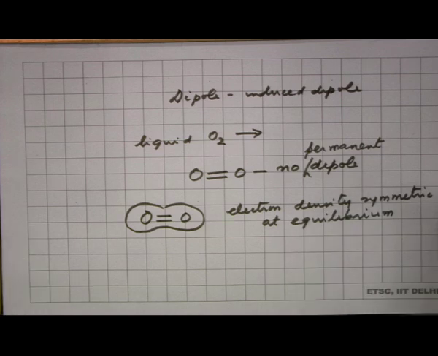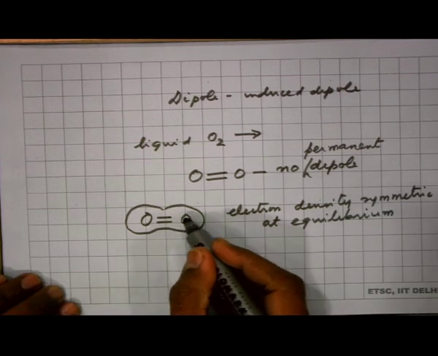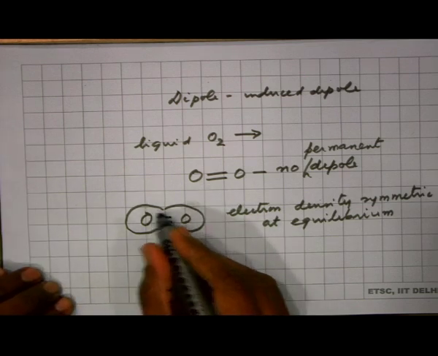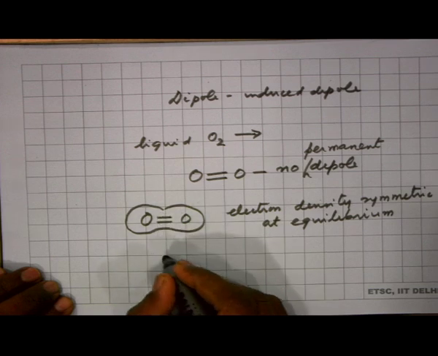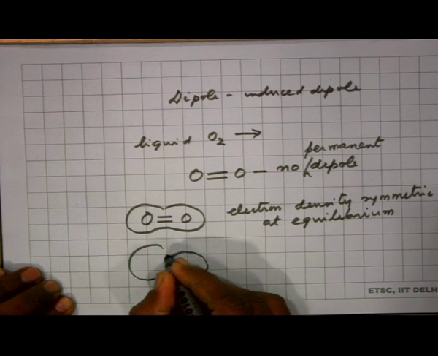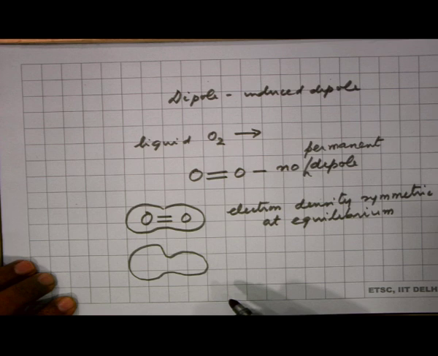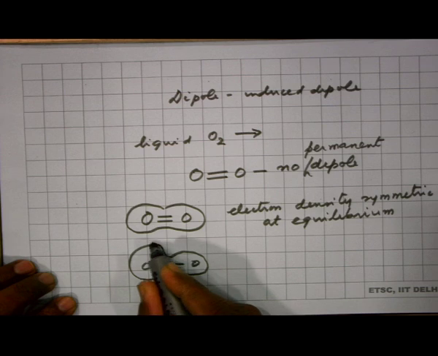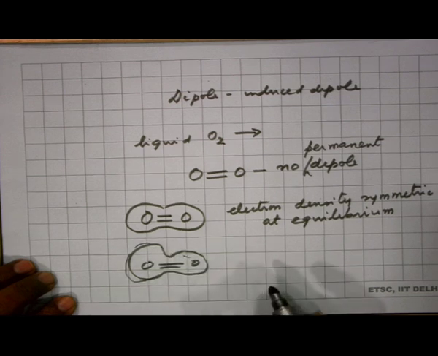But you could have an instant in time where, because the electrons are undergoing motion, you have a skewed distribution, that is, an asymmetric distribution of the electron density. So, I have tried to draw it in such a way that I have more electron density on this side and less on this side.